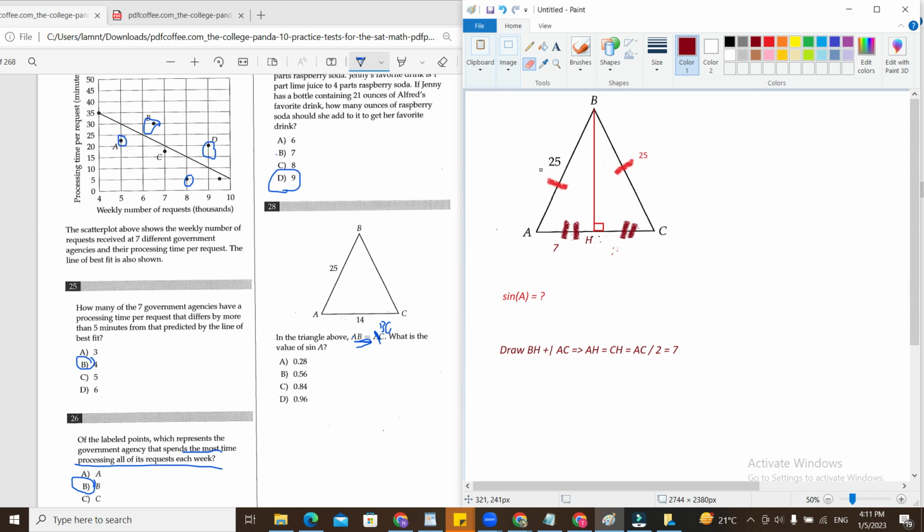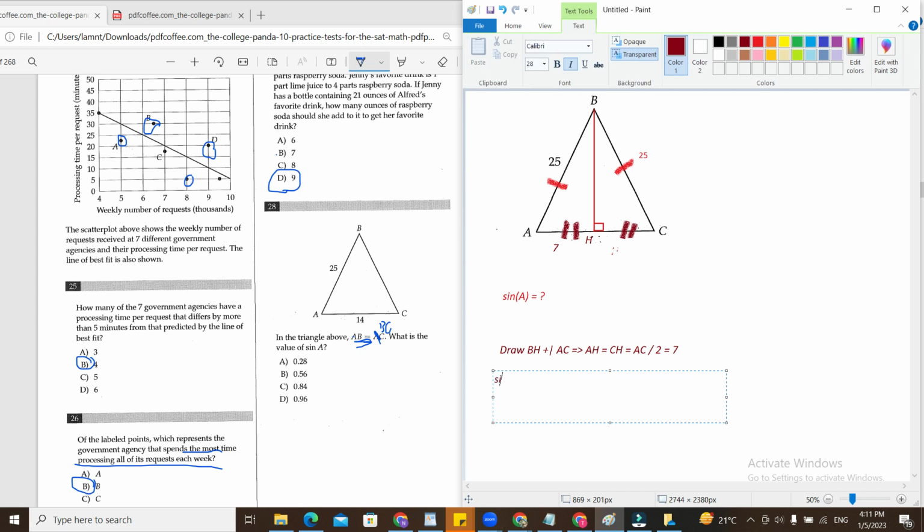Because you found AH, you can calculate BH. Sine of A is just BH over AB, because sine is opposite over hypotenuse.